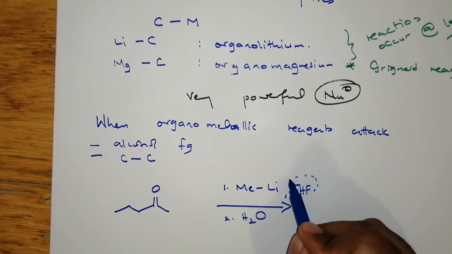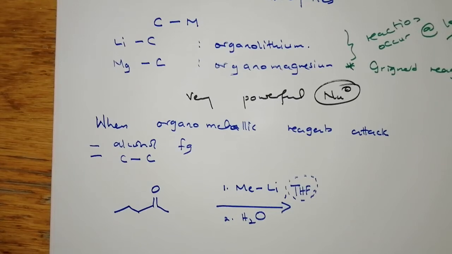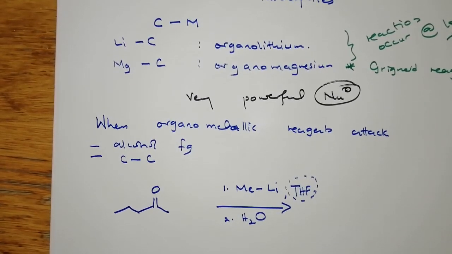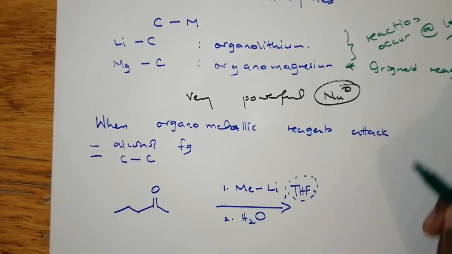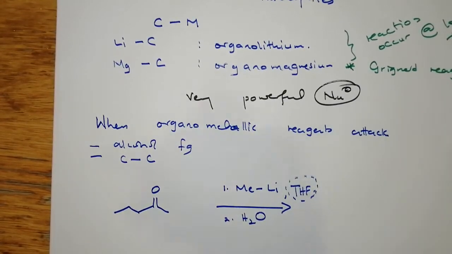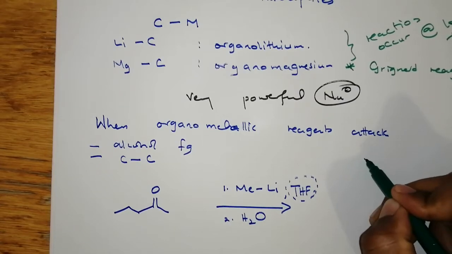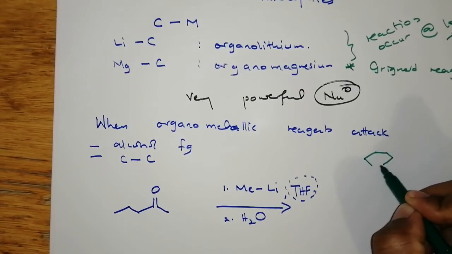Also, guys, THF is a solvent. Maybe you might receive a question, one of those 1-mark or 2-mark questions in a test or tutorial, where they ask you to write this in full or draw it. So THF is drawn like this.